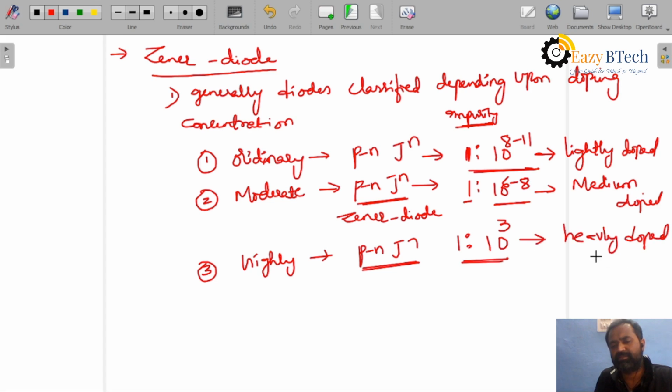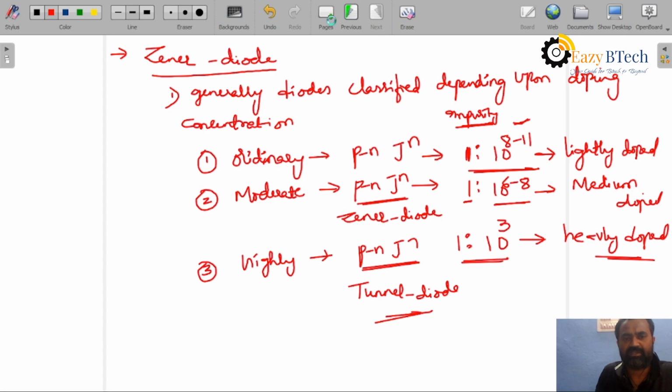This heavily doped diode we will call a tunnel diode. Like that, depending upon the doping concentrations, PN junction diodes change from PN to Zener, and from PN to tunnel.